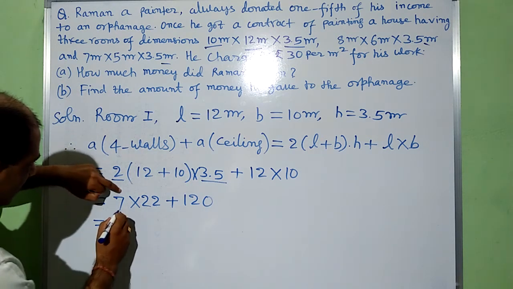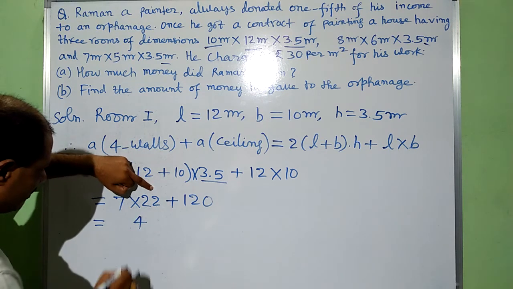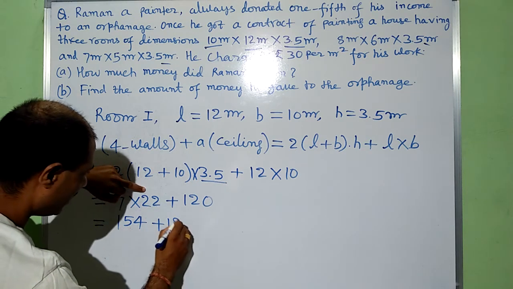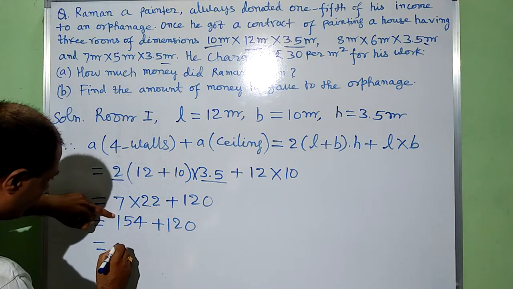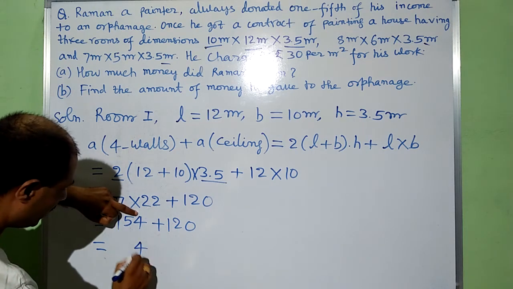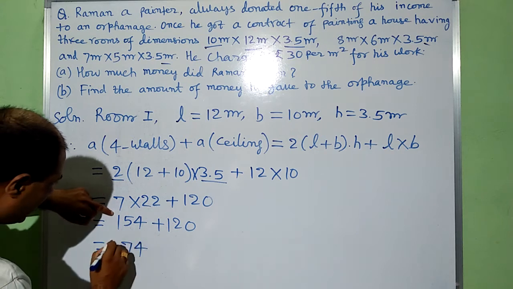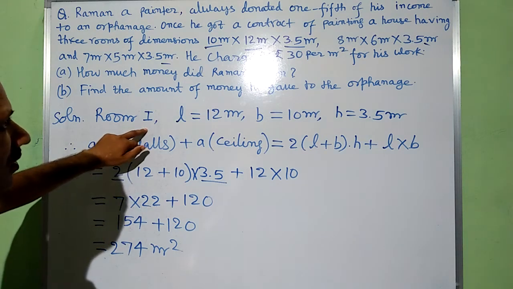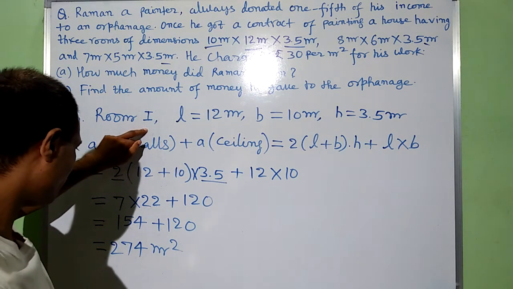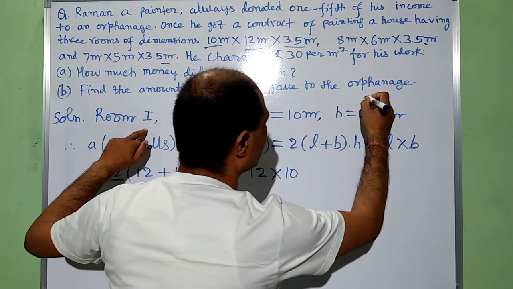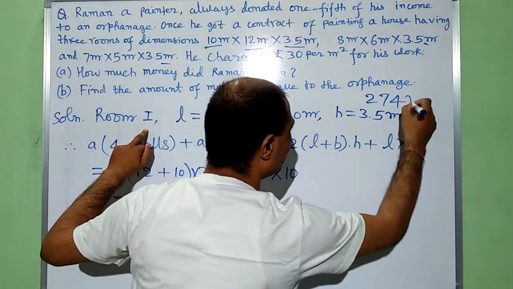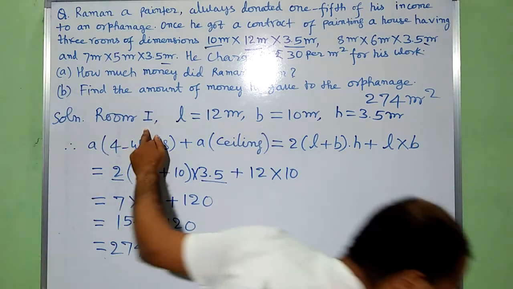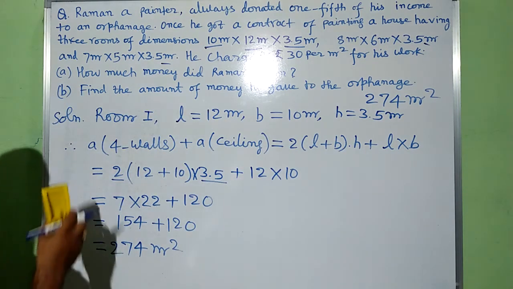It will give us 7 into 22, that is 154, plus 120, that is 274 meter square. In this way, area of first room is 274 meter square. This is area to be painted for room number 1.